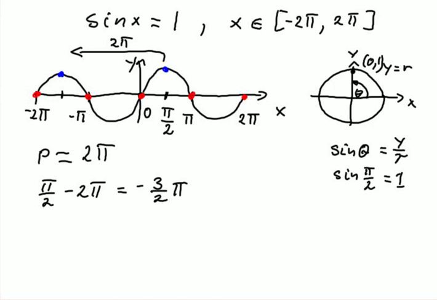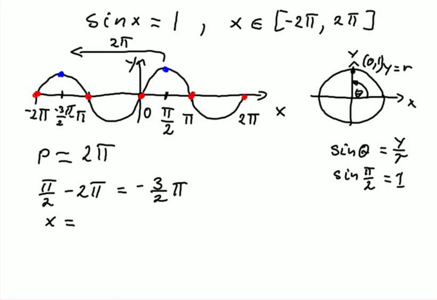So this will be my root at negative 3 over 2 pi right here. So this equation has two roots when sine x is equal to 1 on the interval negative 2 pi to 2 pi.